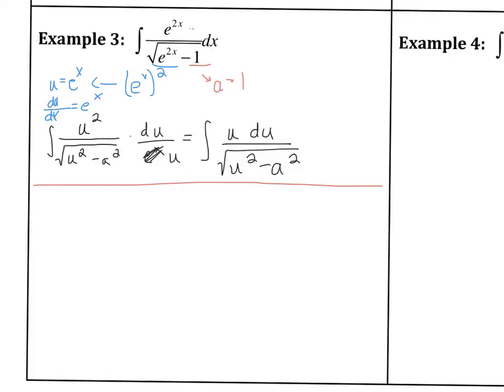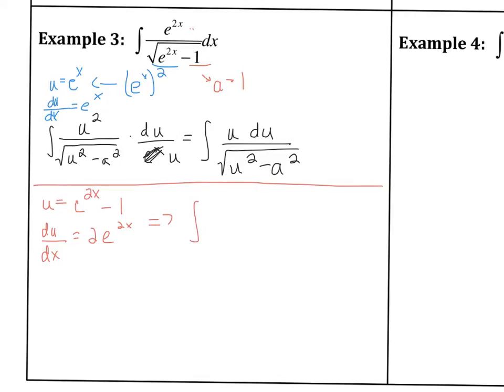So we could say that u is e to the 2x, and there's no reason not to include the minus 1 with that as well. So now du dx would be the derivative of e to the 2x minus 1, which is 2e to the 2x.